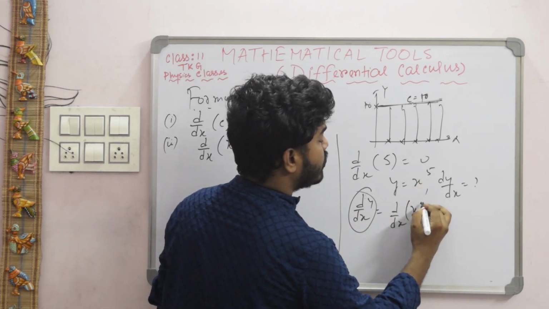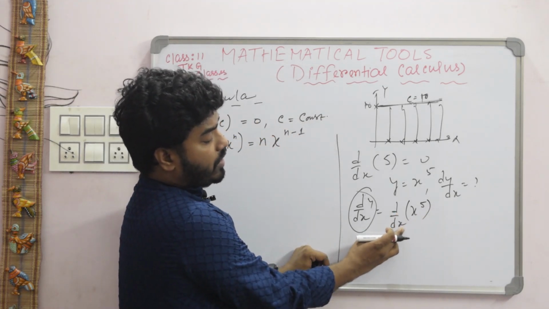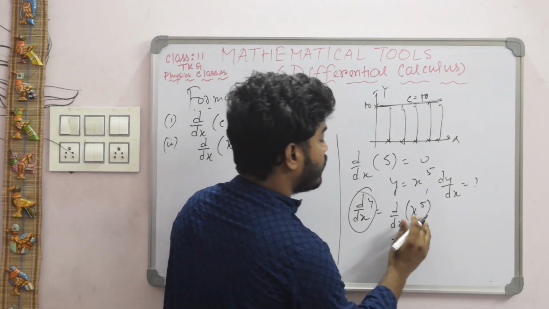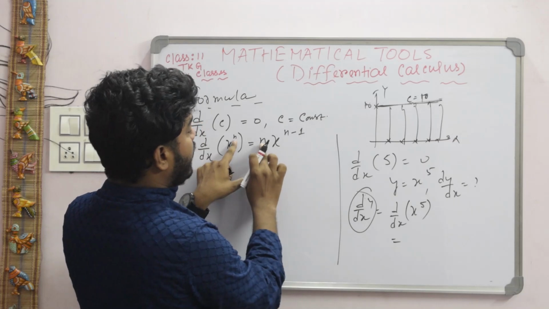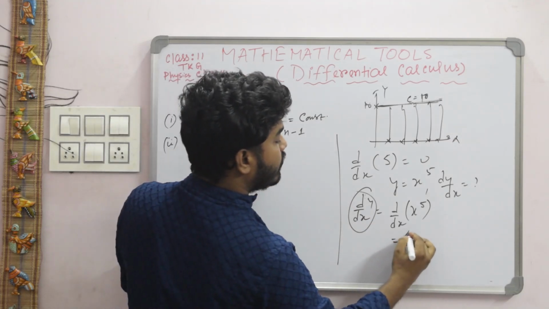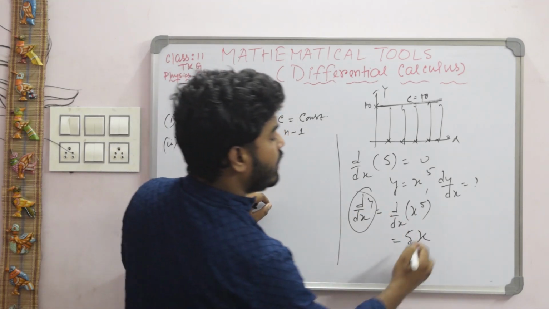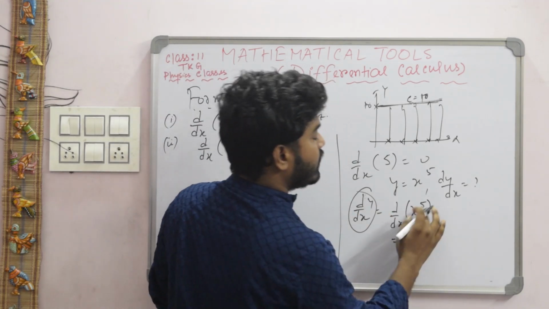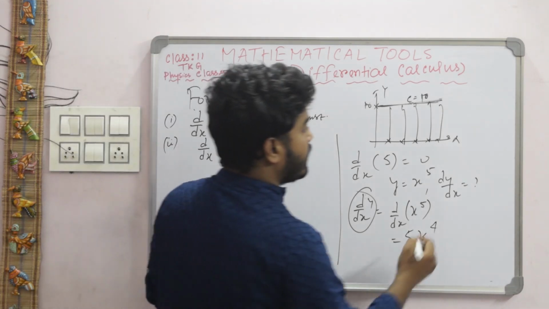Here y is a function of x, and you are differentiating with respect to x. Compare with x to the power n; here n is 5. Then the power decreases by 1, that is 5 minus 1, so x to the power 4.